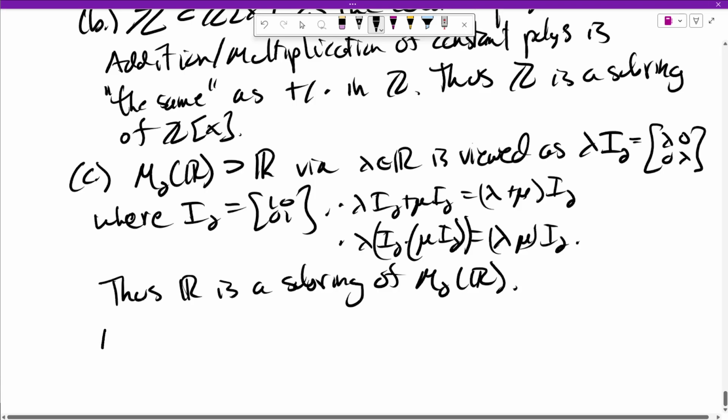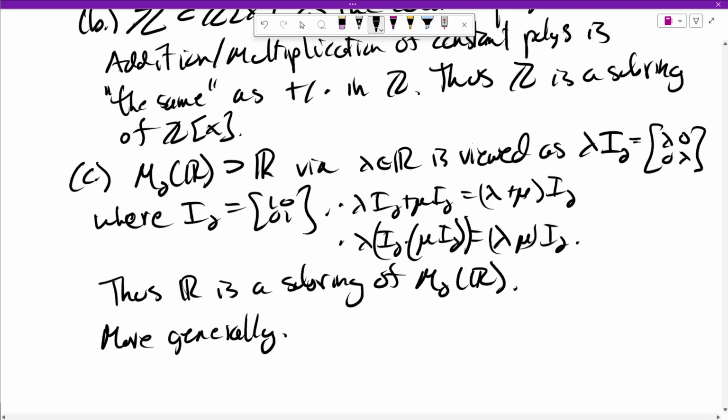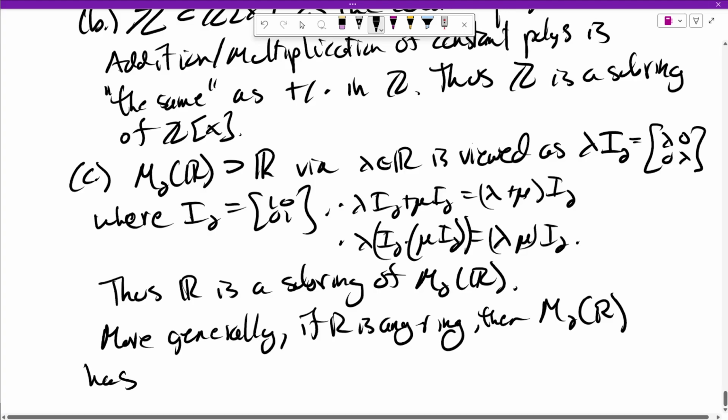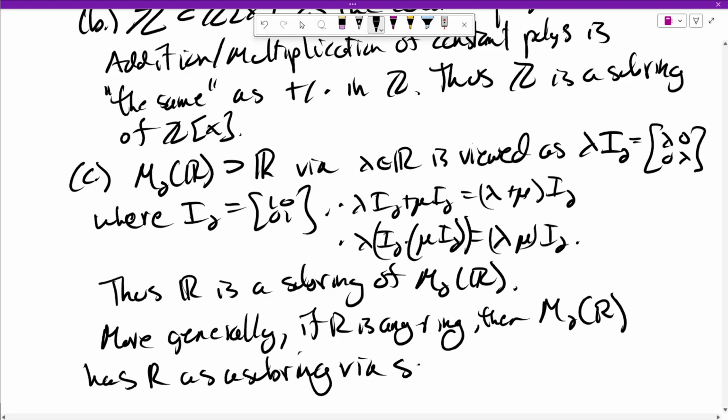More generally, if R is any ring, then 2 by 2 matrices over that ring R has R as a subring via scalar matrices, as above.